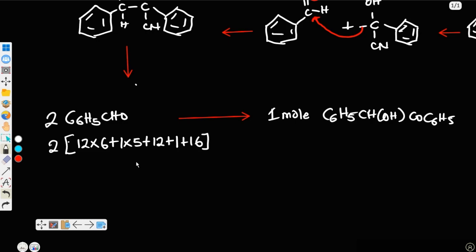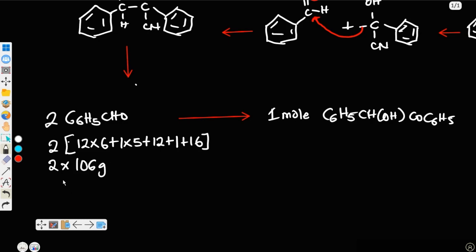So we have normally 12 times 6 plus 5, which is 1 times 5, plus 12 plus 1 plus 16, which is 106. But because you have 2 moles there, it will be 2 times 106 gram.